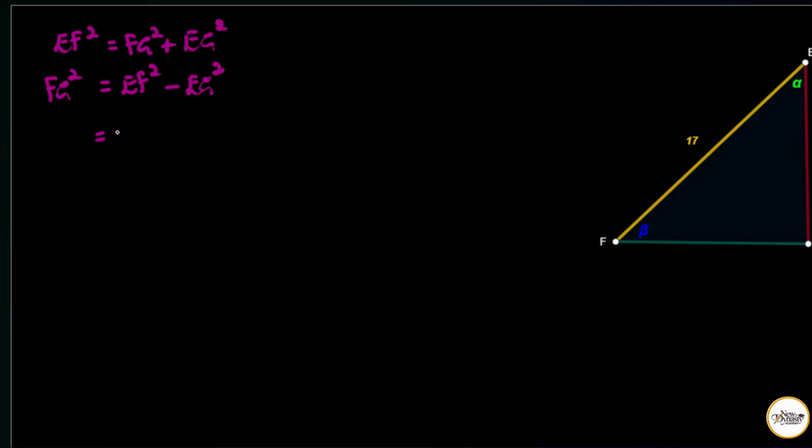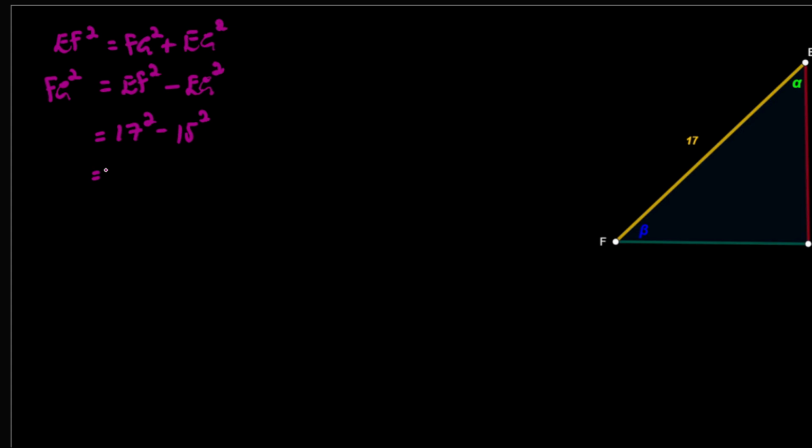Our side EF here is 17 squared. Subtract our side 15 squared. I need to go and take my calculator. Yes, so I'm just going to do it again.